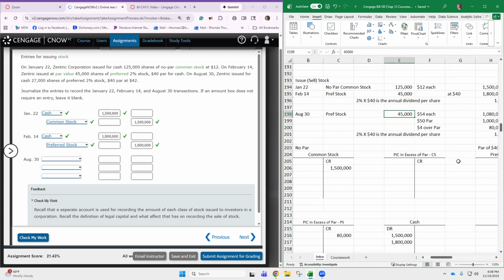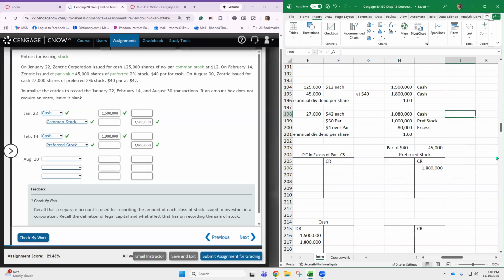So we are issuing for that third stock sale 27,000 shares. We're selling them at $42 a share. Be careful, this is above par. Okay, $42 each. So I'm going to take 27,000 shares times $42 a piece.